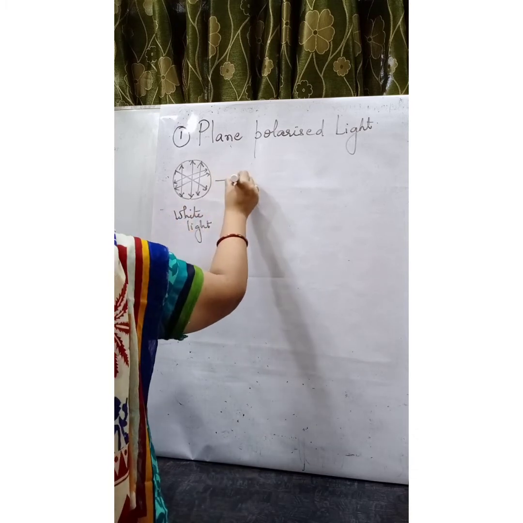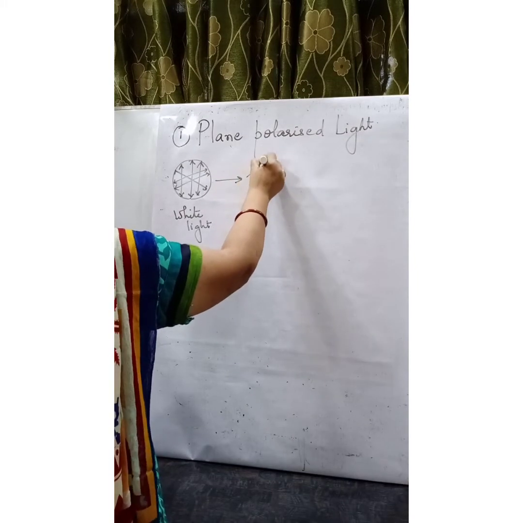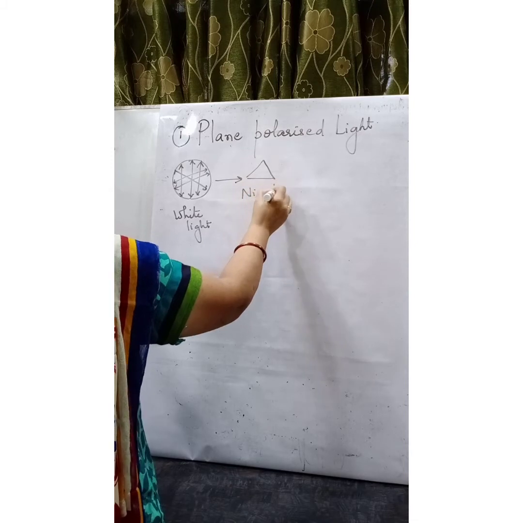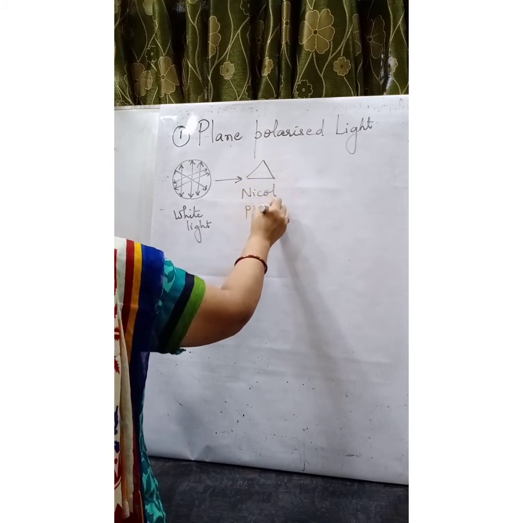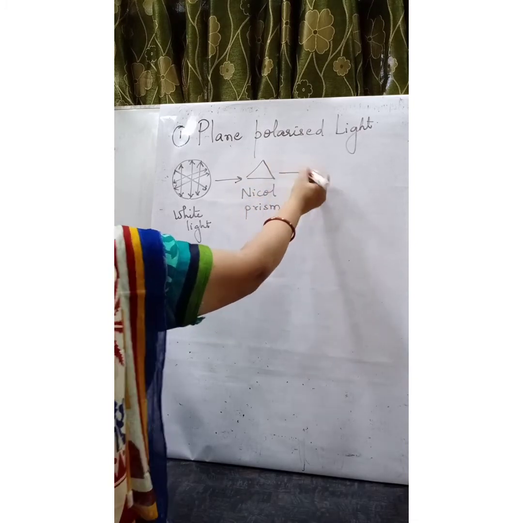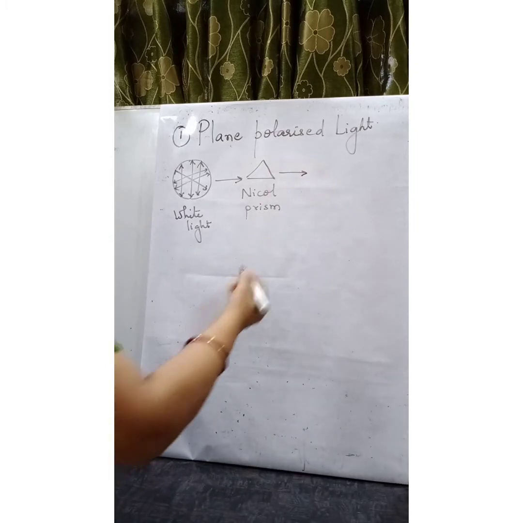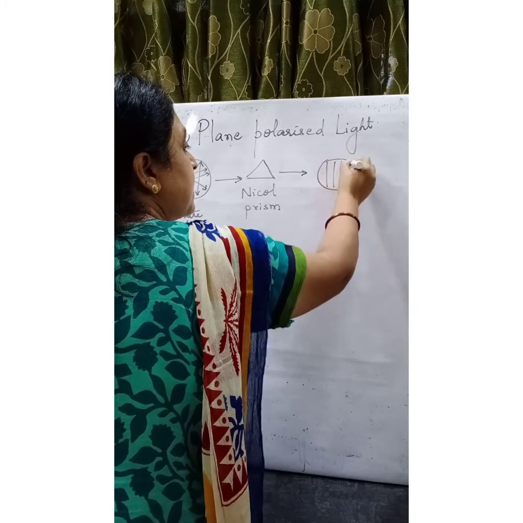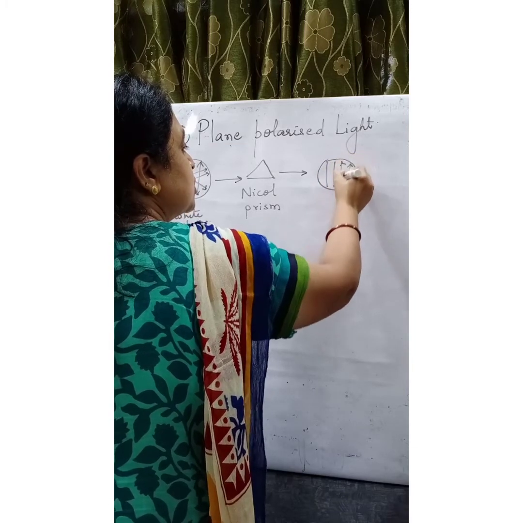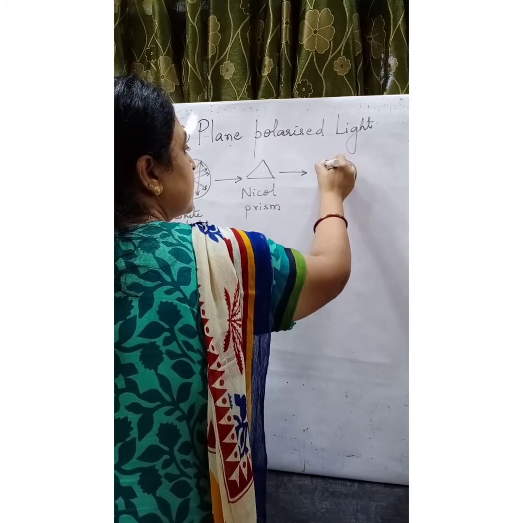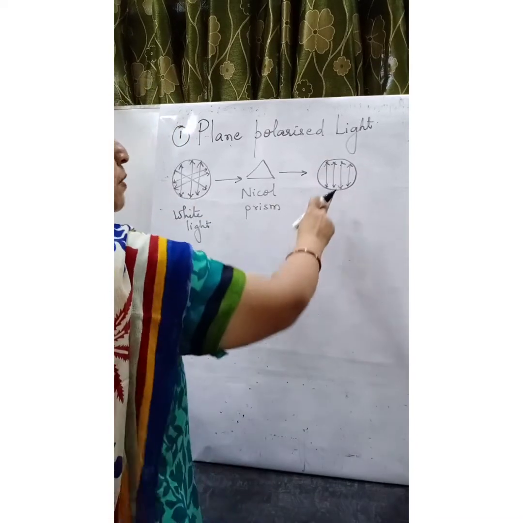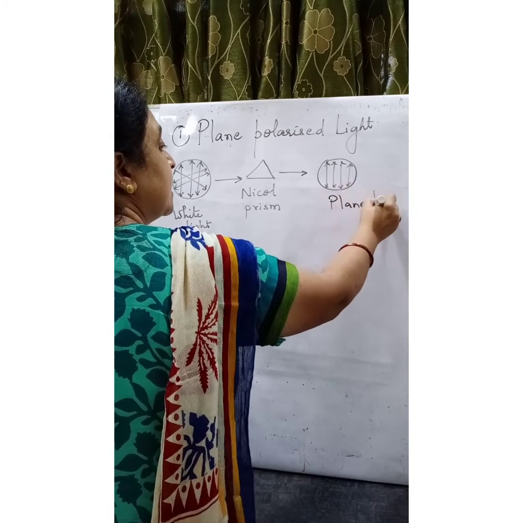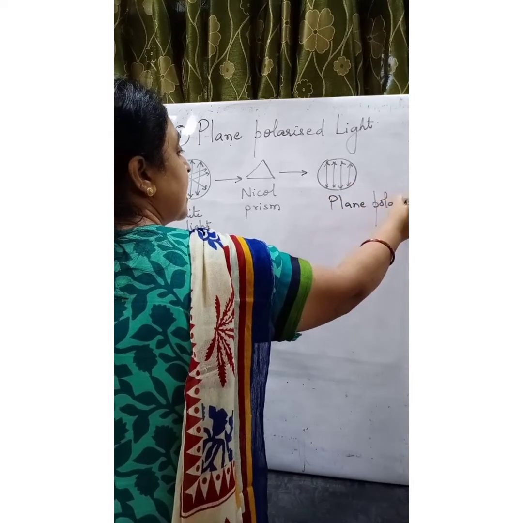When this white light is passed through a special type of prism called Nicol prism, the resultant light has oscillations taking place in one direction only. This type of light is known as plane polarized light.